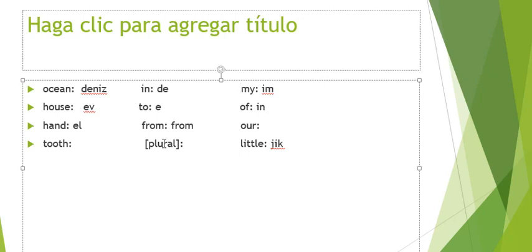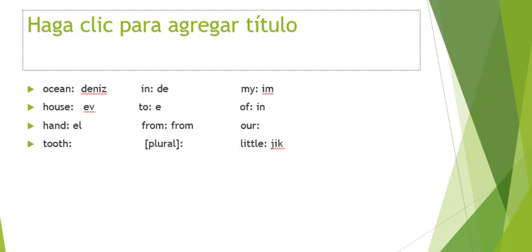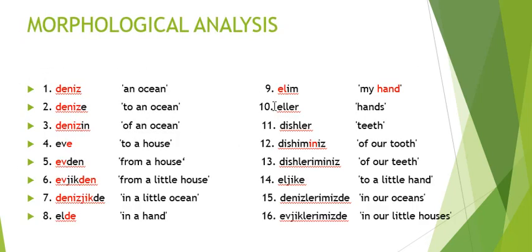Okay, we only need plural, the possessive pronoun our, and the morpheme representing tooth. So let's look for the meaning of the plural marker in Turkish, or the structure representing plural in Turkish. Let's see if we can find it now.